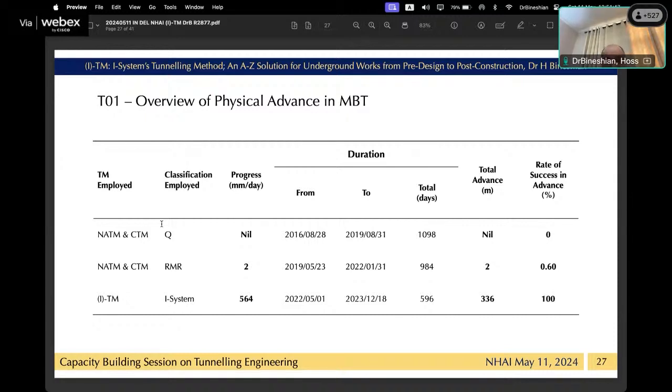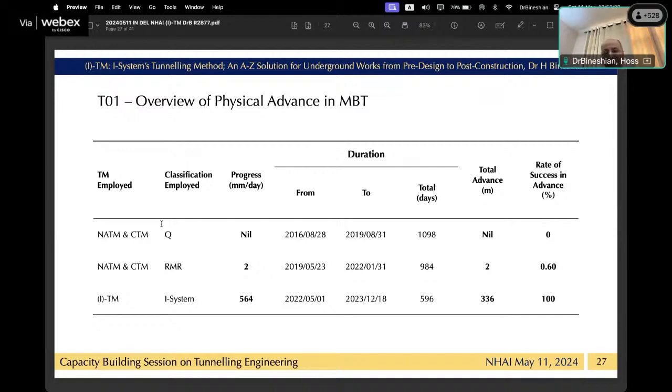After unsuccessful attempts for almost over 20 years, on May 1st, 2022, they decided to switch to ITM using I-System. And they achieved 564 millimeter per day, total in 596 days, and total advance of 336 meters. And they did the breakthrough on 20th December 2023 with 100% success and with no failure.